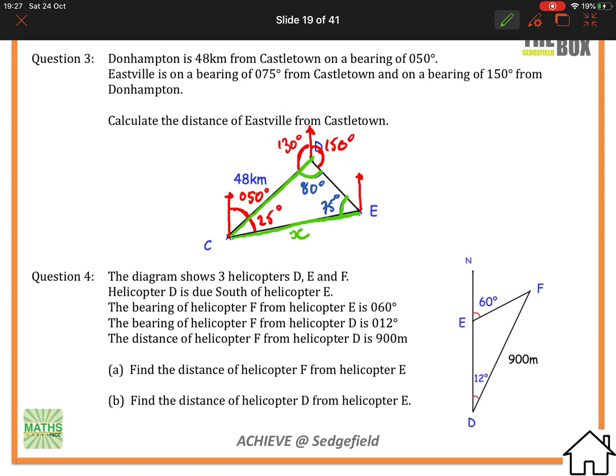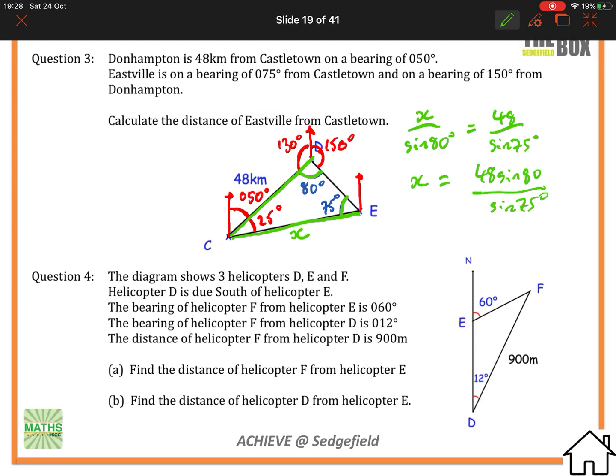So we can say X over sine 80 degrees is equal to 48 over sine 75 degrees. Okay, so now simple rearrangement, X is equal to 48 sine 80 over sine 75 degrees.